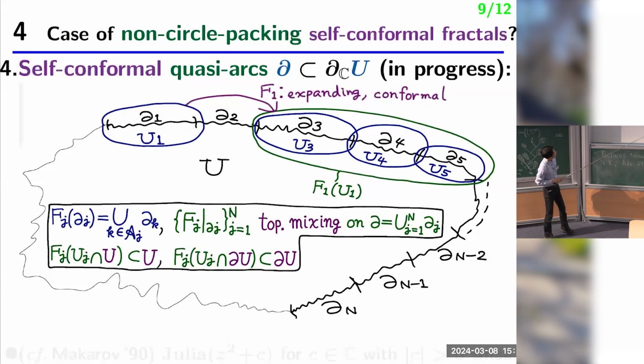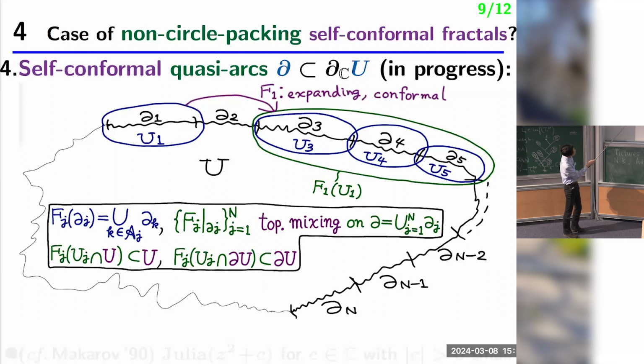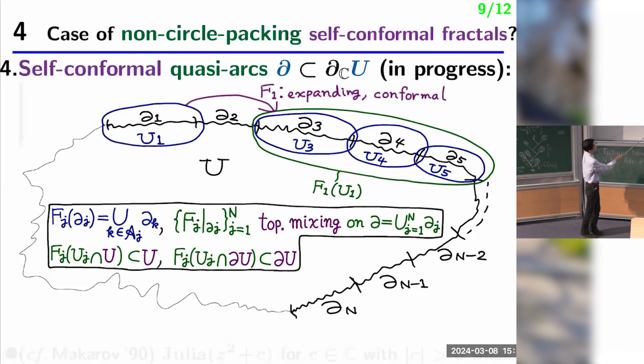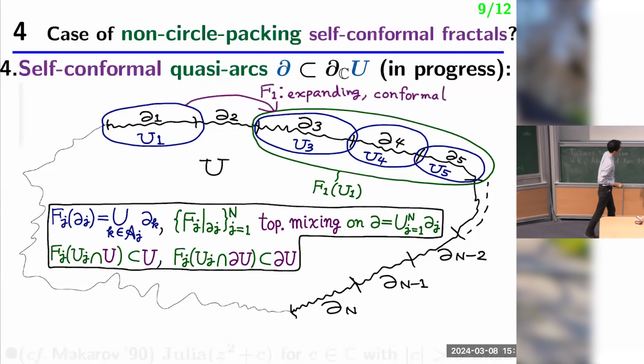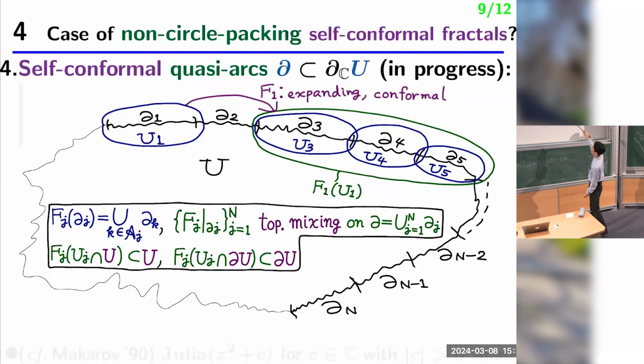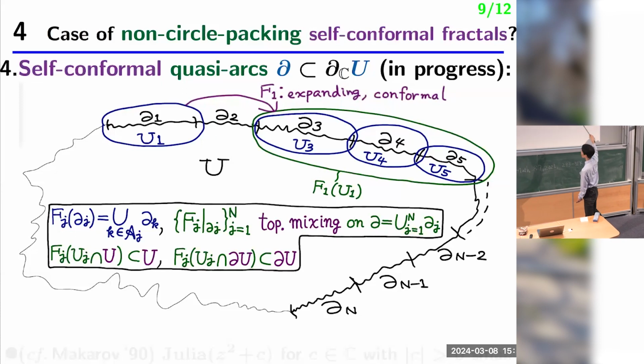And this conformal map is required to map the part internal to the domain to the interior of the domain, and the boundary part to the boundary. Okay, that's a requirement. The same kind of structure is assumed for each of these n sections.